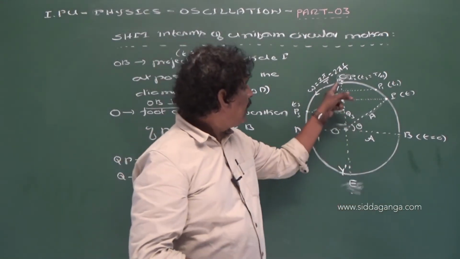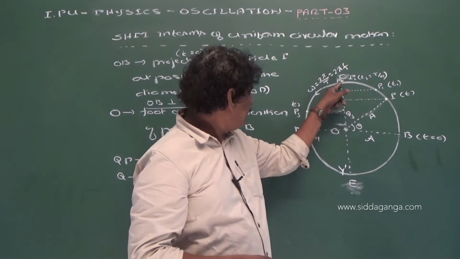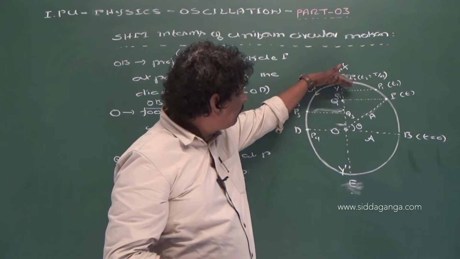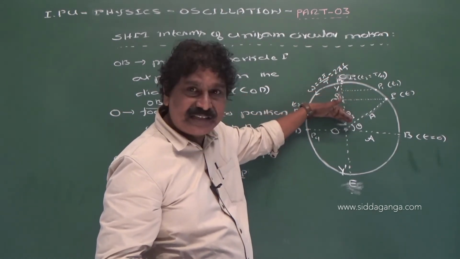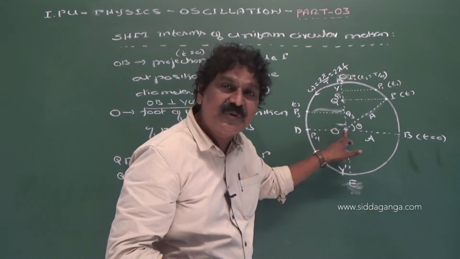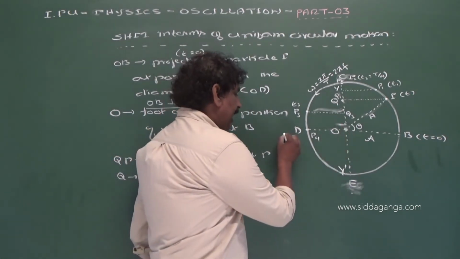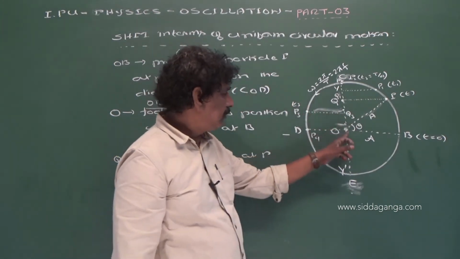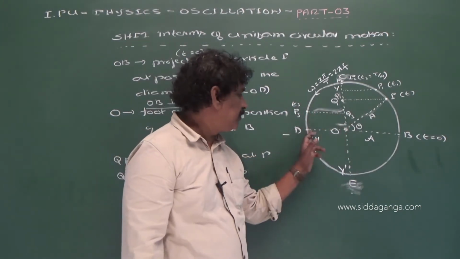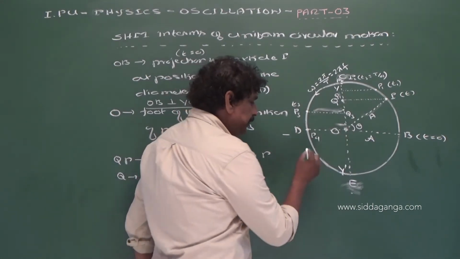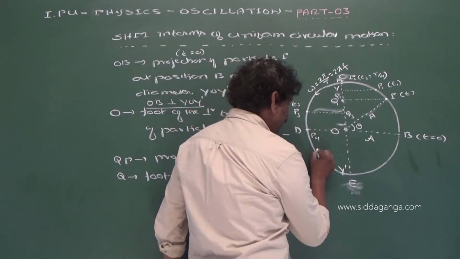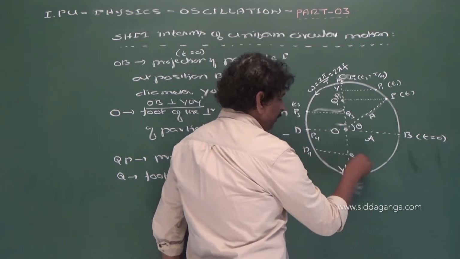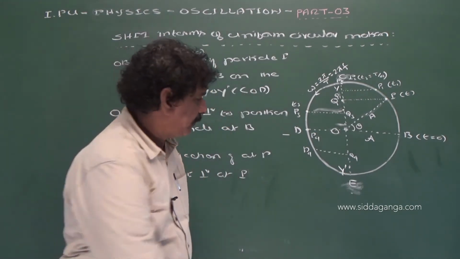Now, when it moves from C to D, again the length of the projection goes on increasing and becomes maximum at this point. The length of the projection becomes maximum. Again, it is moving to the position P4. The foot of the perpendicular is Q4.